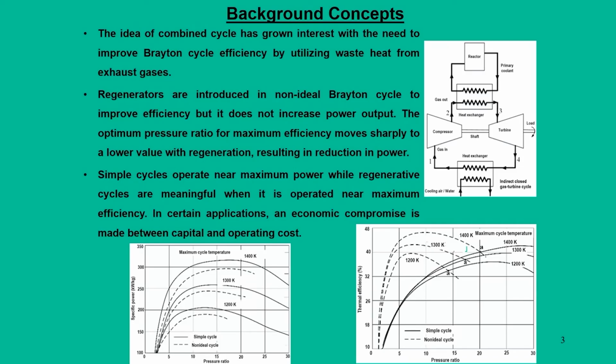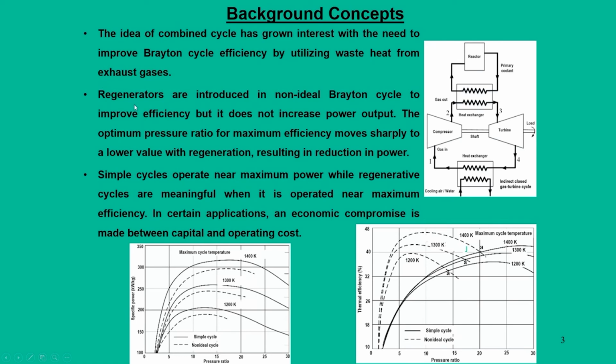steam power cycle. Let me start with what we have already understood: the idea of the combined cycle has shown interest with the need to improve the Brayton cycle efficiency by utilizing waste heat from the exhaust gas. That is the entire idea.